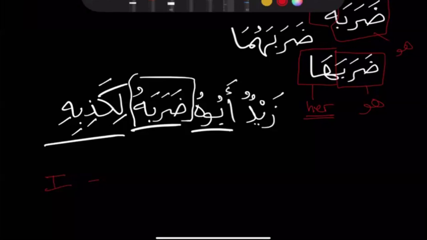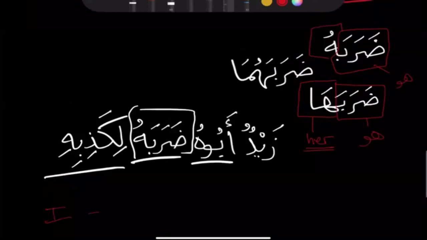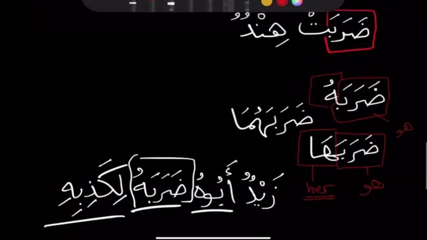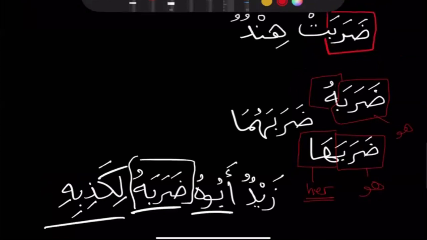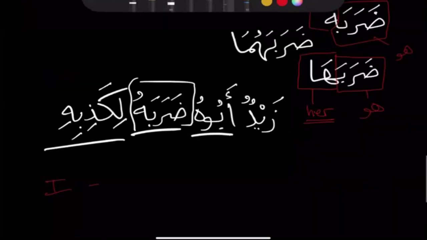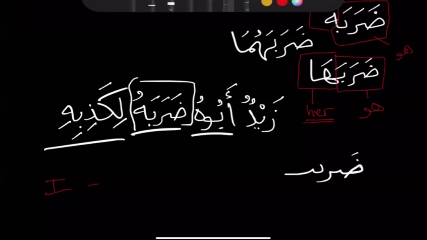So if you were to say she hit him, that would be darab. That's the feminine. I'll show you. If we want to put the feminine, then we're going to need a sign of femininity. That's going to be the ta. Darabat. Darabathu.